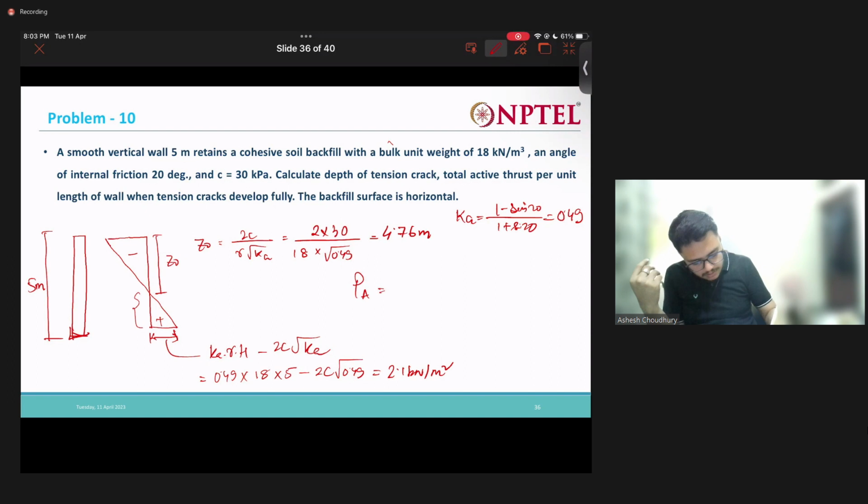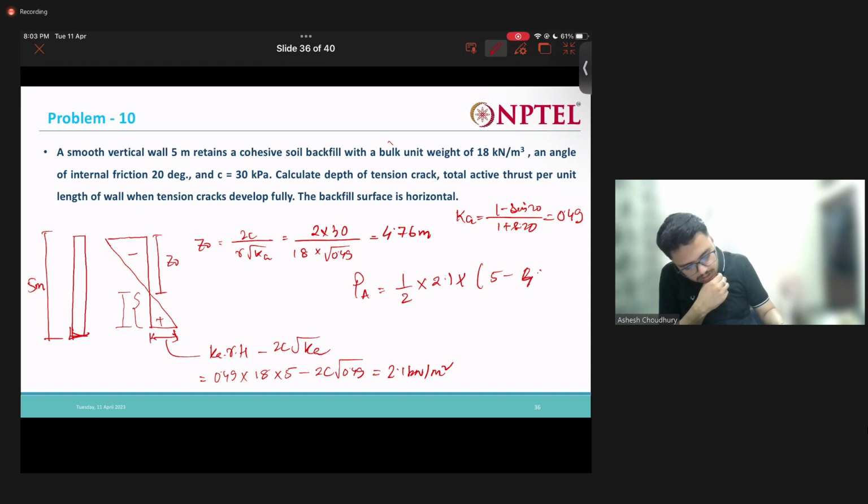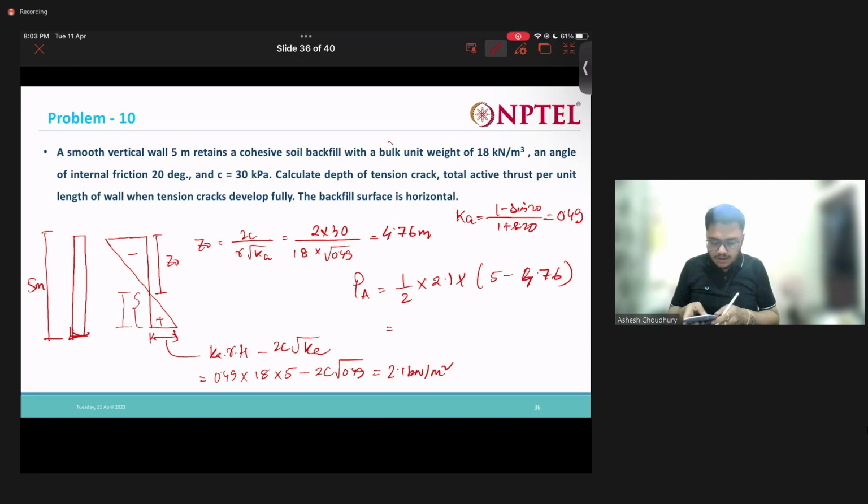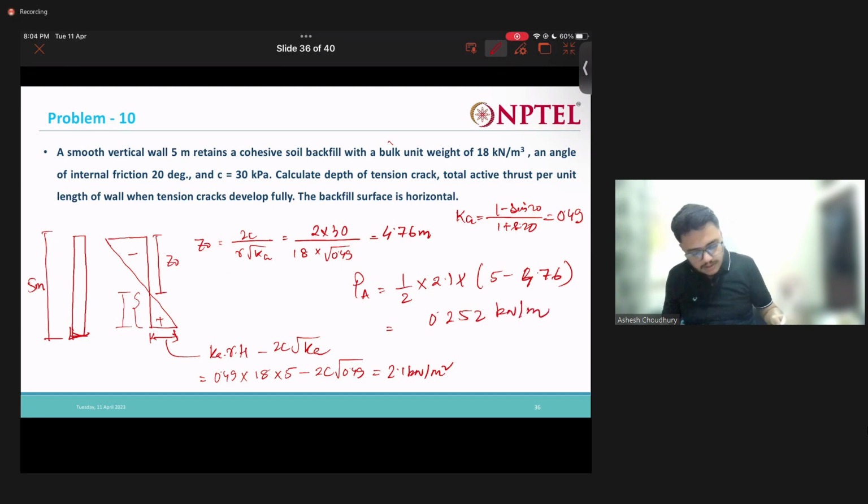So my PA will be half into 2.1 into this side. What is this side? 5 minus 4.76, right? So half into 2.1 into 0.24 is 0.252 kilonewton per meter.